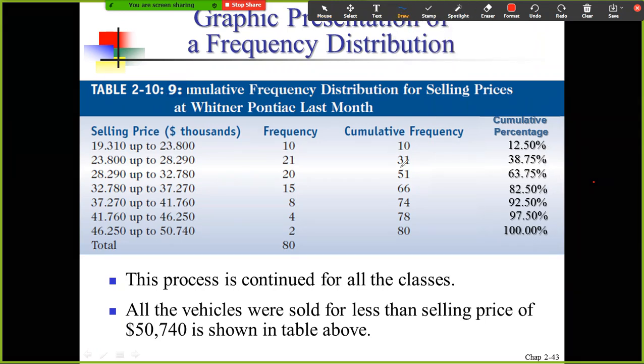That's why in order to draw the cumulative frequency polygon, we use the class, the cumulative frequency, and the cumulative percentage. Okay, this one we use.